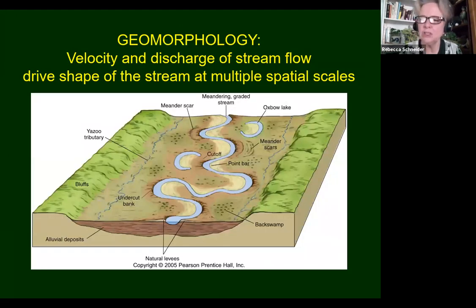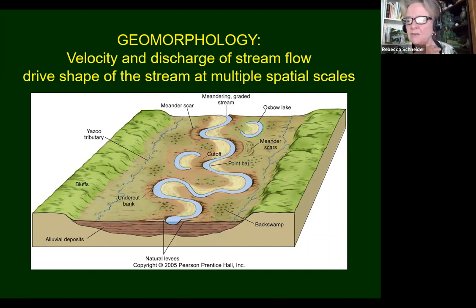All right, now geomorphology. And in a minute, you'll see why all this comes together. The velocity and the discharge, that's the amount of water flowing in the stream, drive the shape of the stream at multiple spatial scales, okay? And so in this schematic, you see a very curving, sinuous, meandering stream.